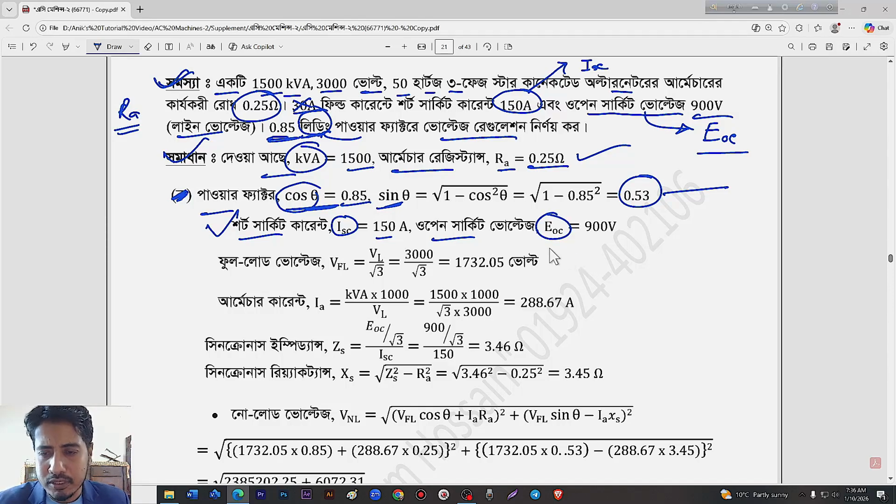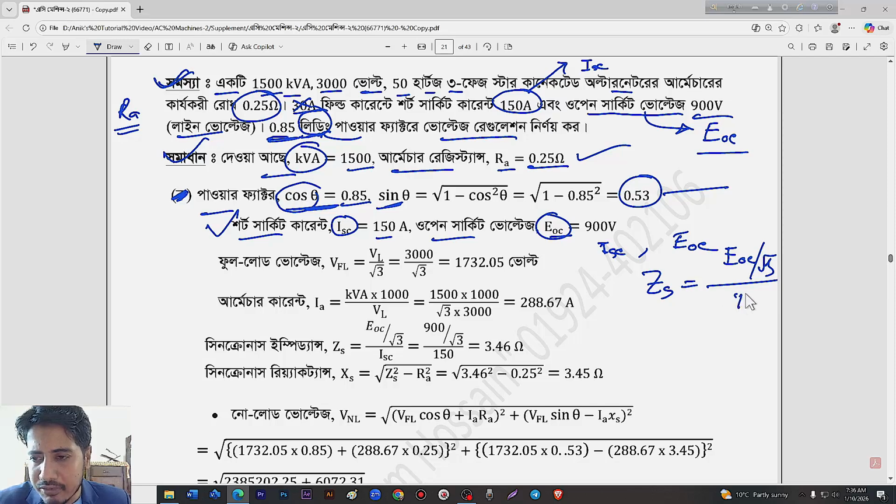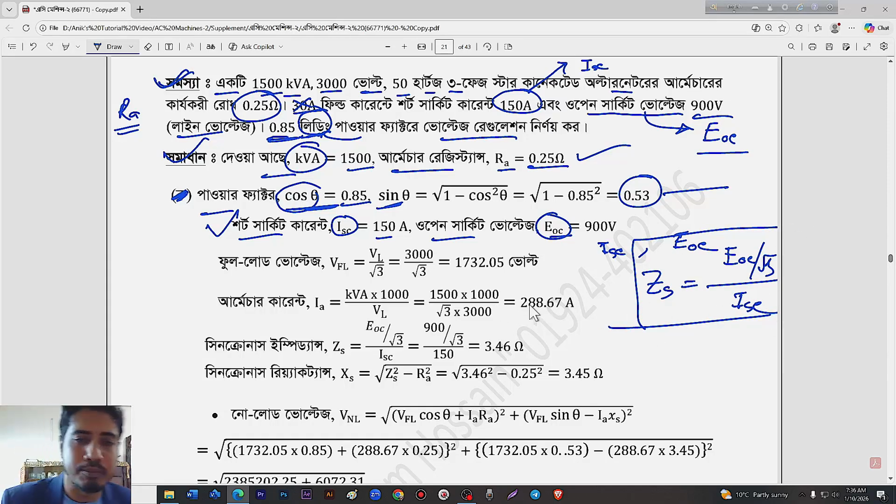And the open circuit voltage EOC is a very important value, because we will use ISC and EOC to find ZS, with the formula ZS equals EOC divided by root 3 and divided by ISC. I have already informed you of this formula in my previous video.